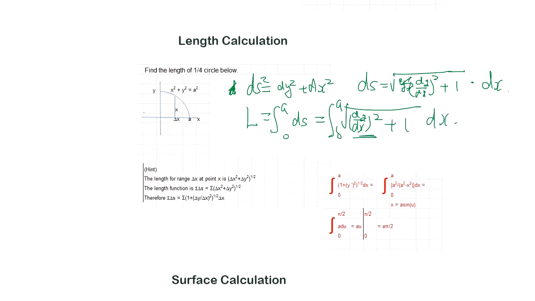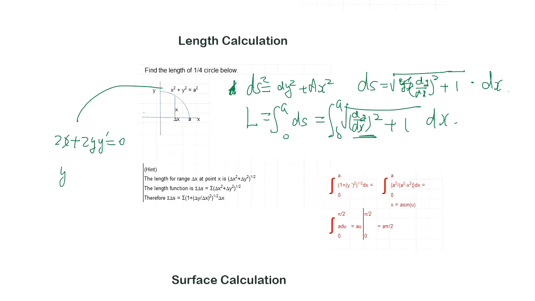So what is the dy dx? You have to take a derivative, right? So if you take an implicit derivative, 2x plus 2y y prime equals 0.